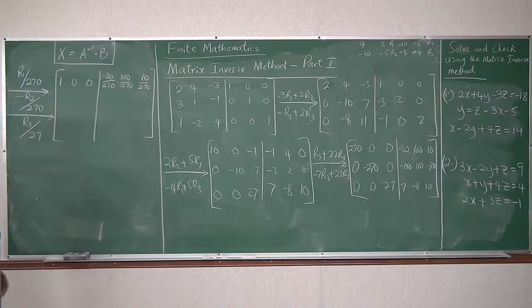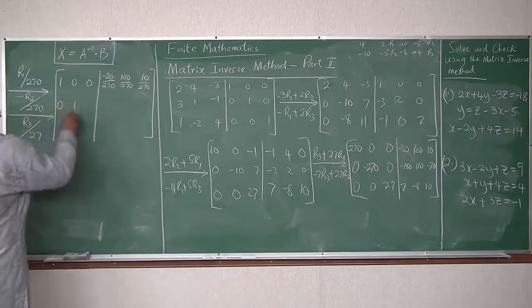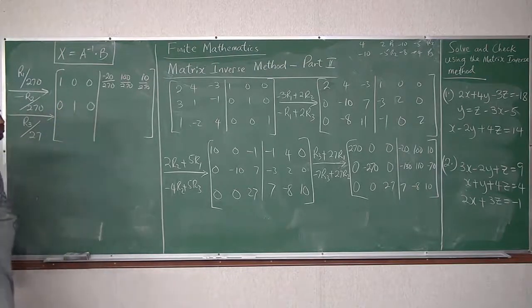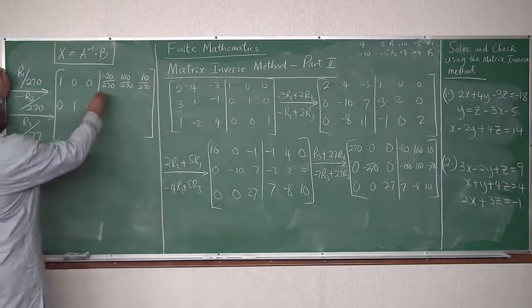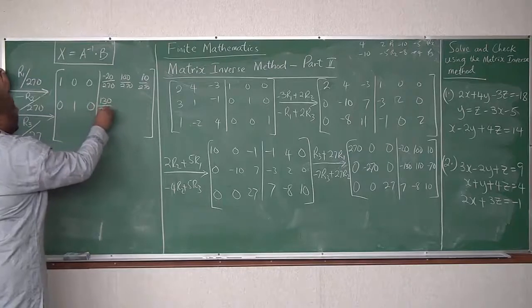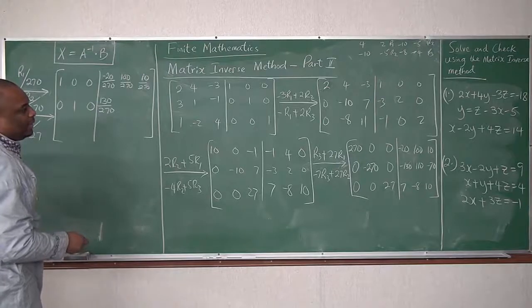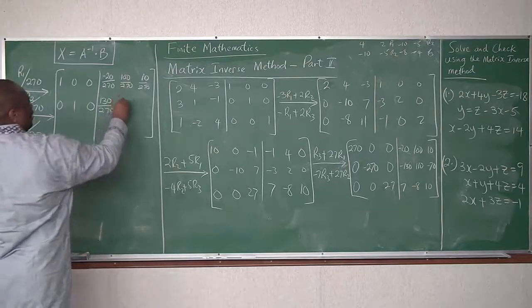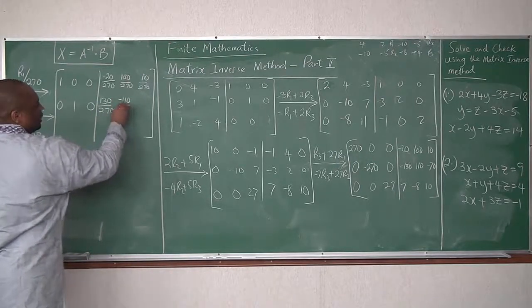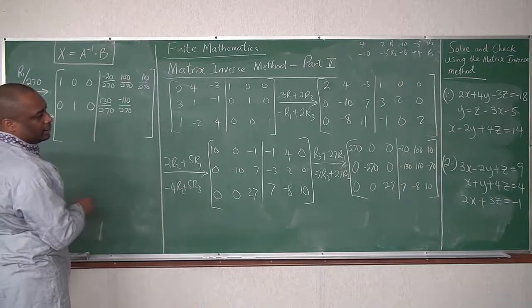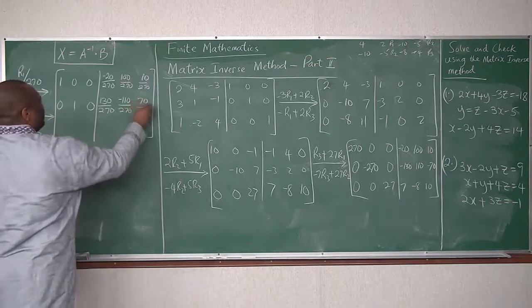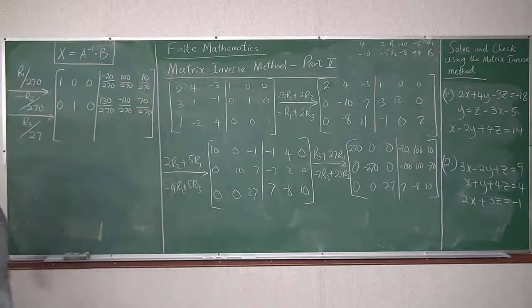Then row 2, we have 0, 1, 0. Now this is negative. Negative is positive. So this is 130 over 270. Then this is a negative 110 over 270 and 70 over 270. 70 over 270. Right? Because negative is positive.